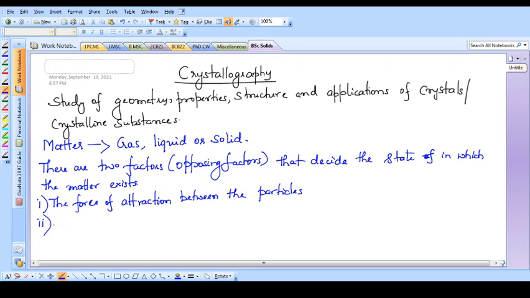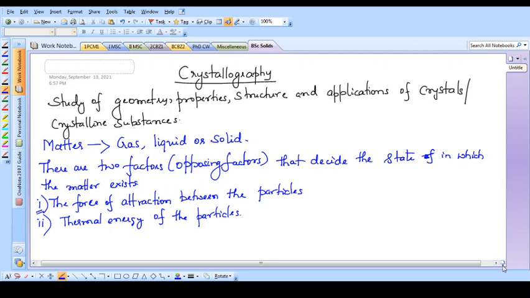The second key factor, which in fact has an opposing influence compared to factor number one, is the thermal energy or the kinetic energy of the particles. So depending on the magnitude of these two factors, one can imagine the formation of either a solid state or a liquid state or the gaseous state.